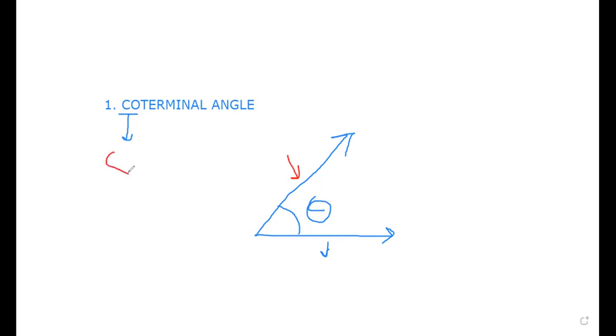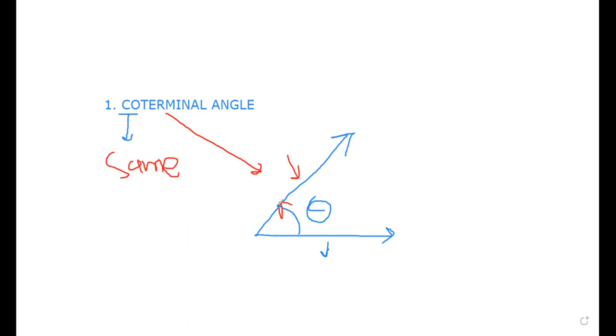Co means same, and terminal means terminal side. So angles which have the same terminal side are called coterminal angles. Like this is angle theta.